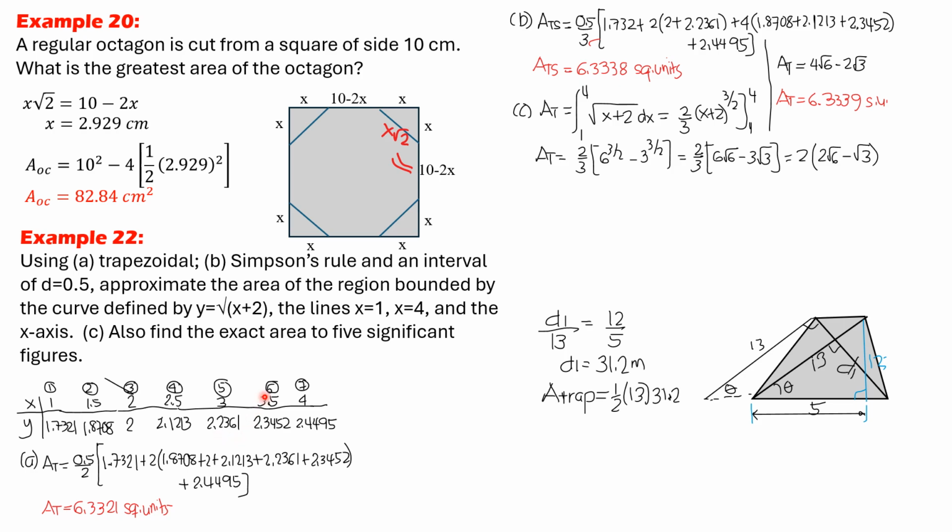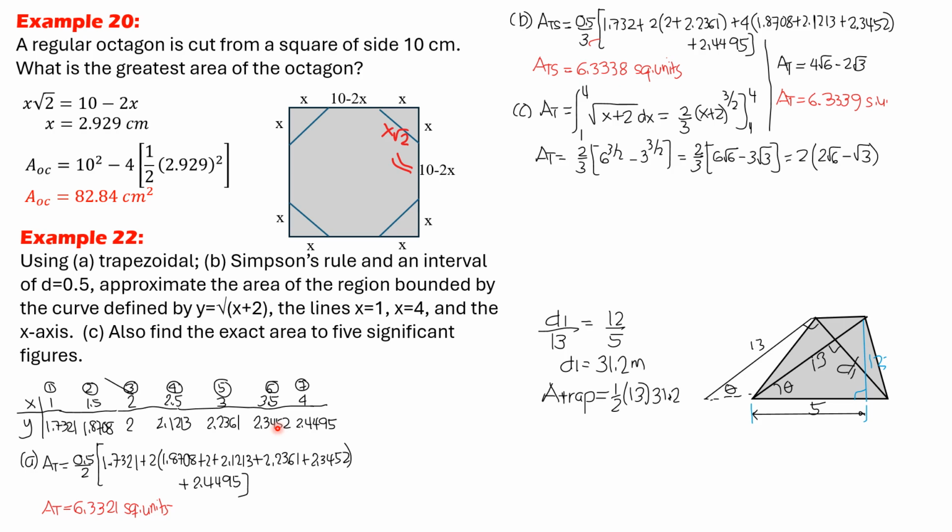When x is 3.5, 2.3452. When x is 4, square root of 6, 2.4495. So we mark this as the first offset, 1, 2, 3, 4, 5, 6, 7.